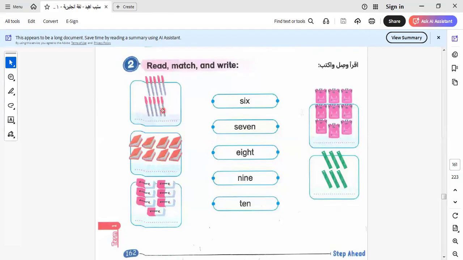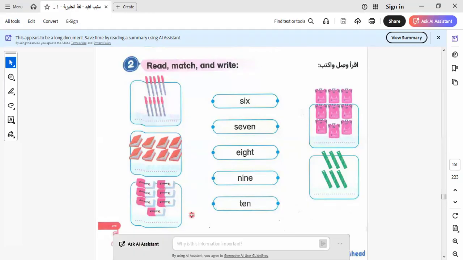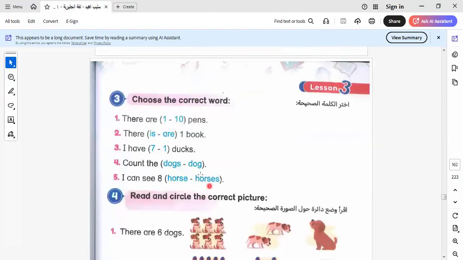Here are beans: 1, 2, 3, 4, 5, 6, 7, 8, 9, 10. So I select this one by 10. Then 1, 2, 3, 4, 5, 6, 7, 8 in the box. Erasers: 1, 2, 3, 4, 5, 6, 7. It will be 7 erasers. Let's go to another one here.